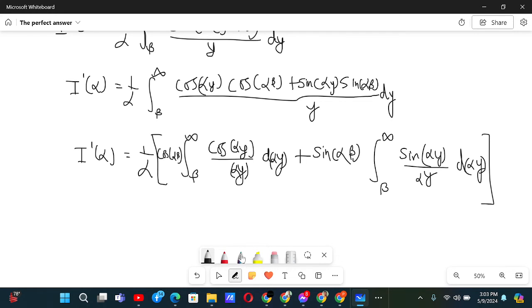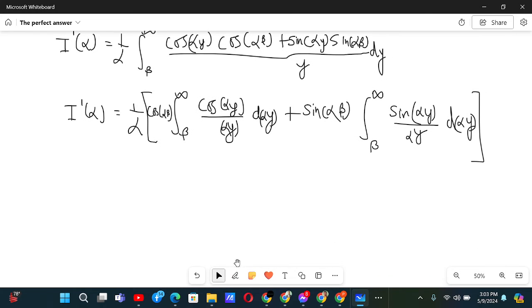Yes. Now what we can do is basically let g equal alpha y, a change of variables.